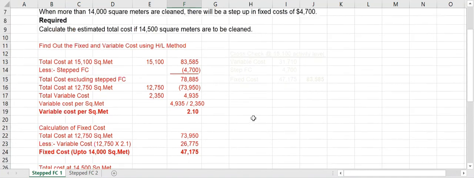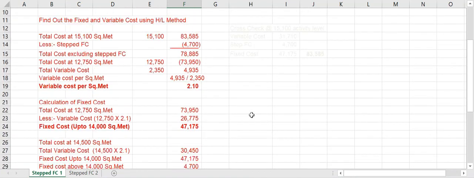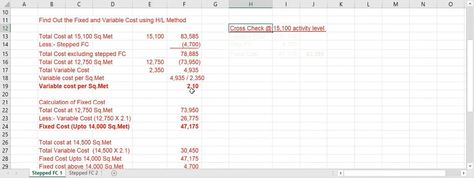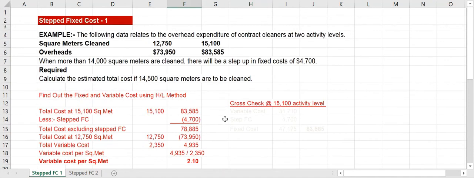We can cross-check whether this answer is correct. How do you cross-check? Simply calculate 15,100 based on these figures.